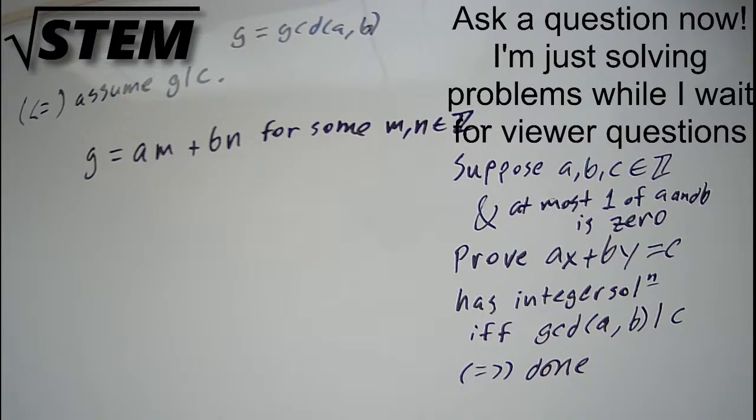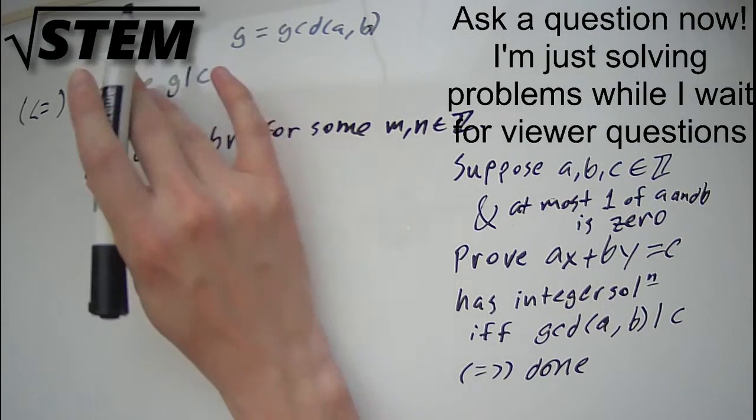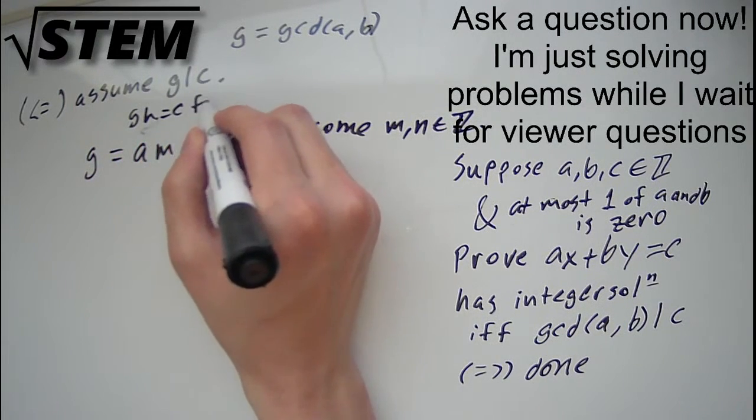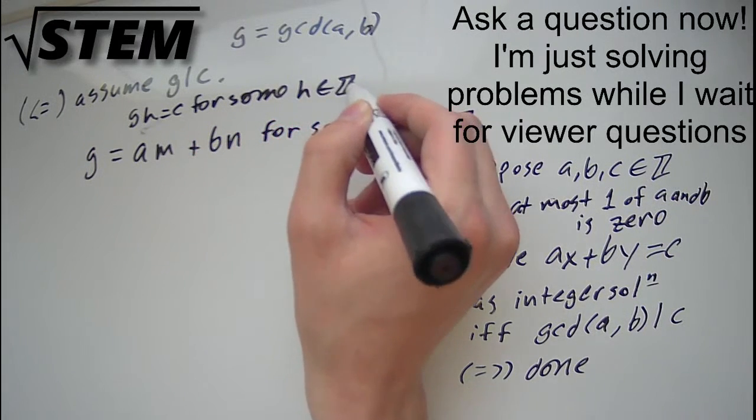I'm going to rewrite that condition earlier, that gh equals c for some h in Z.